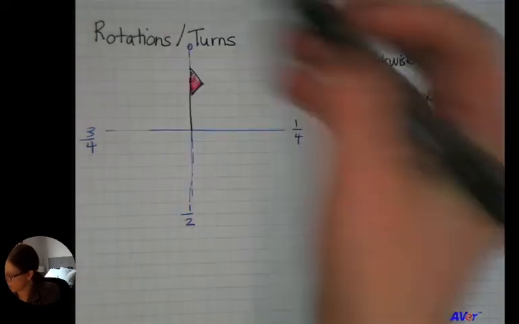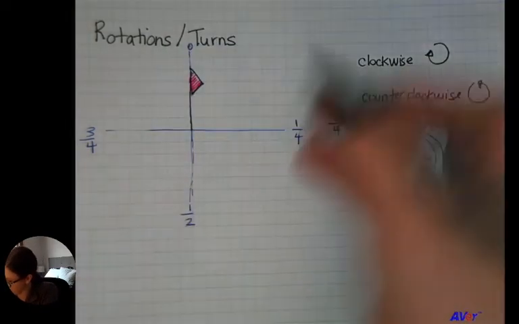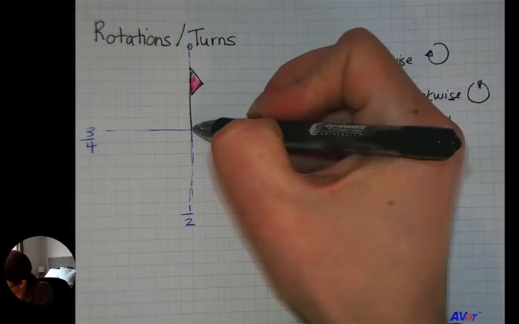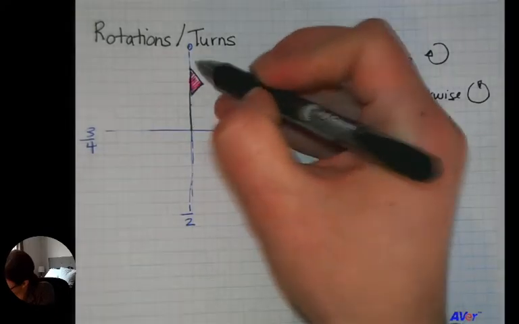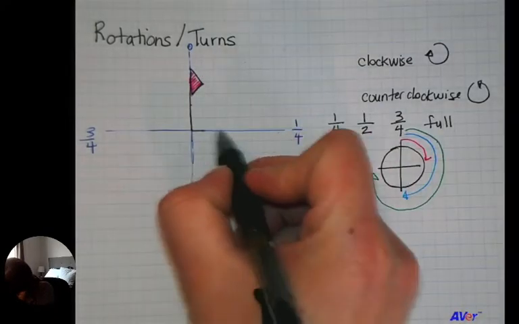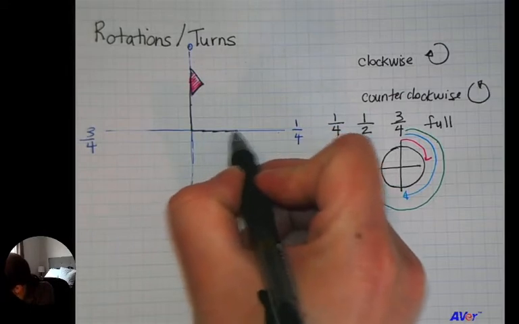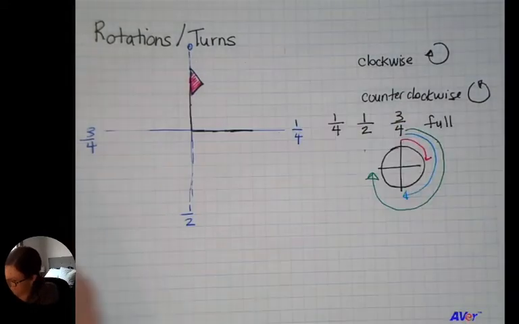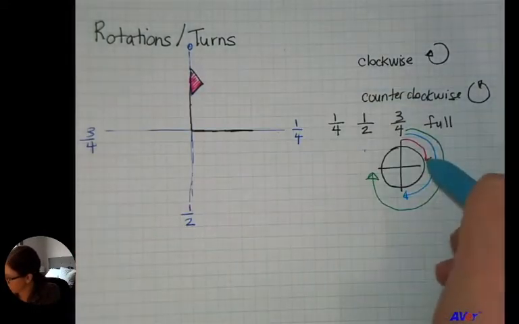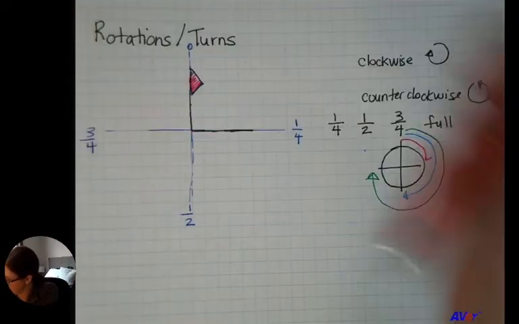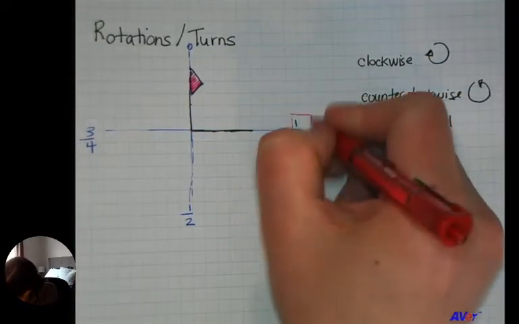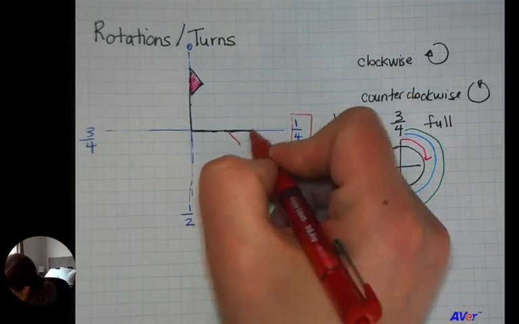All we need to know is we're going to draw our flag over here, and make sure it's the same height. So it's 1, 2, 3, 4, 5 squares tall. I'll do the quarter turn in red, and I'm going to draw our flag here.